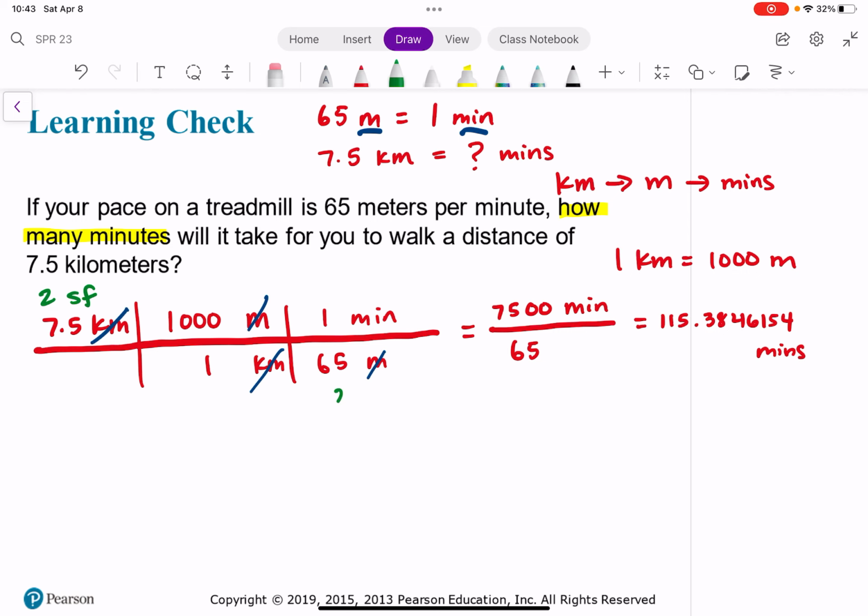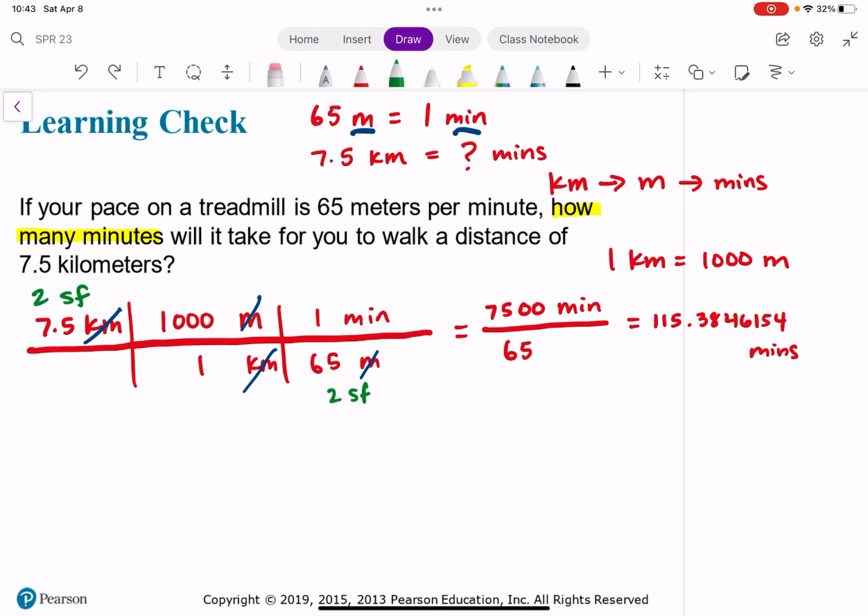Yeah, this is also a measured value, because we're measuring that we can go 65 meters in 1 minute. There's some error in there. This, however, is not a measured value. That's just a conversion. It's our exact conversion between meters and kilometers. We know that.